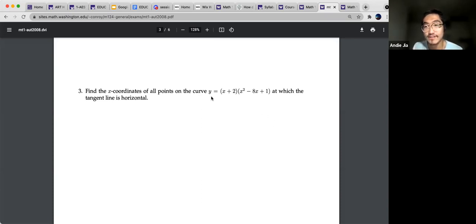Then you find the derivative of the function, set the derivative equal to 0, and find the roots of x. Those are all the points where the tangent line is horizontal. Does this make more sense?